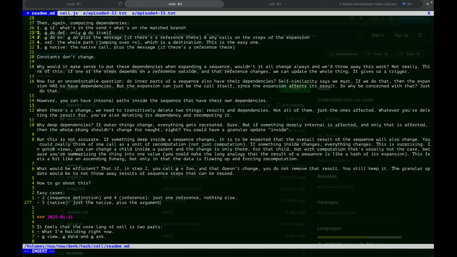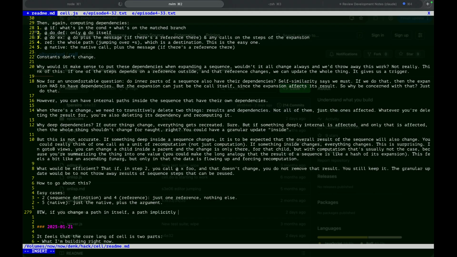That's the arguments. I do something here. By the way, if you change a path in itself, the path implicitly depends on itself, so you also need to remove and recompute its dependencies.